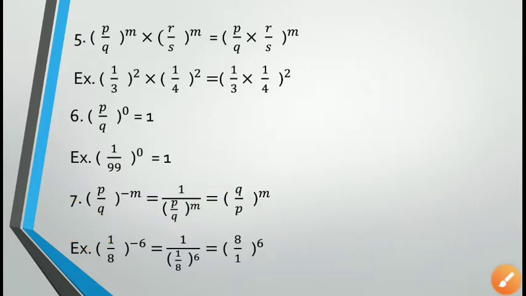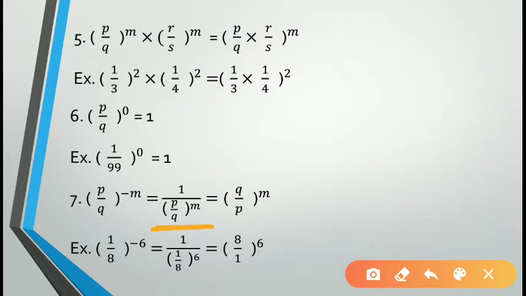Let's understand it again. In this law of exponents, (p/q) to the power minus m, you want to convert this minus m into plus m. So here you can assume that p/q is the numerator and the denominator is 1. For converting minus m into plus m, you just write the numerator into denominator and denominator into numerator like this, and the m will become positive.